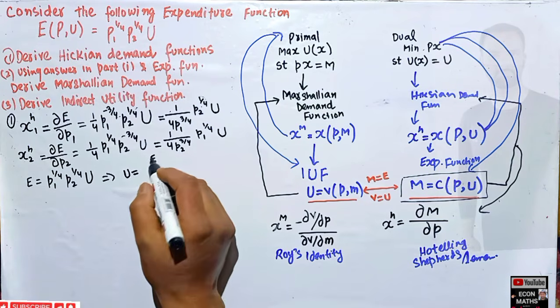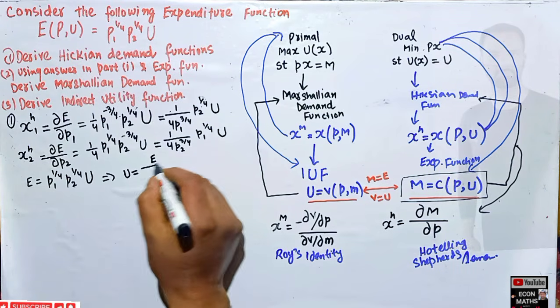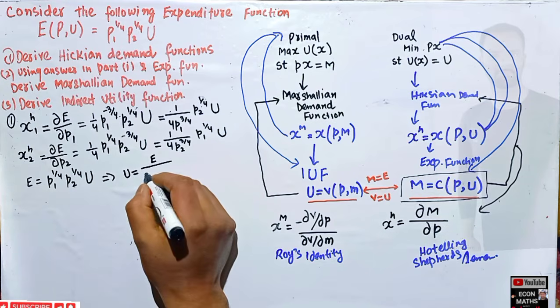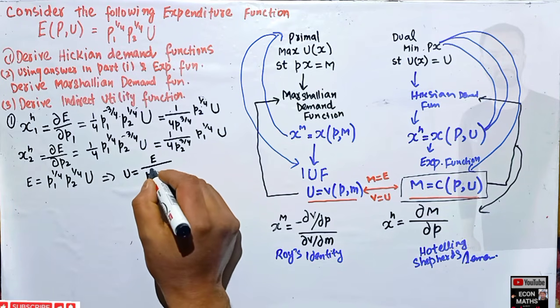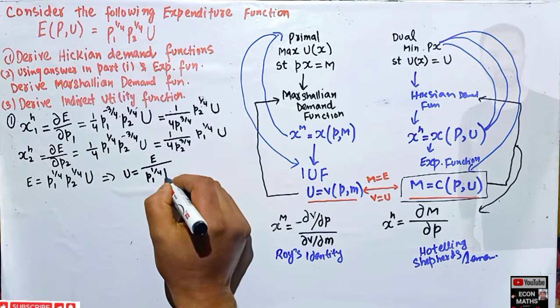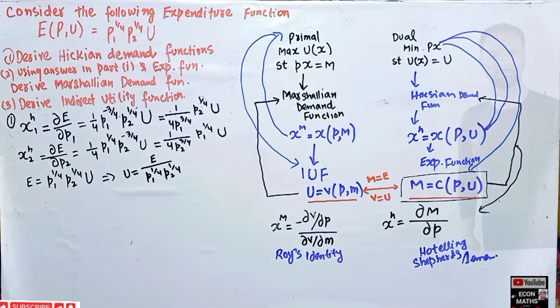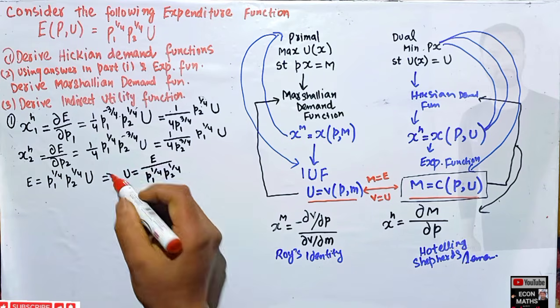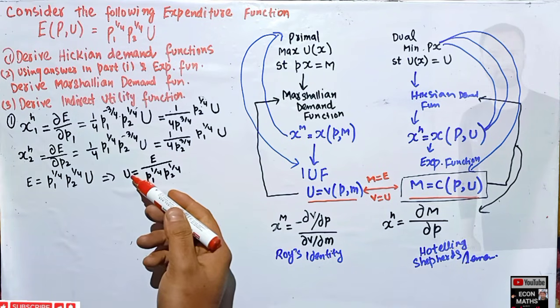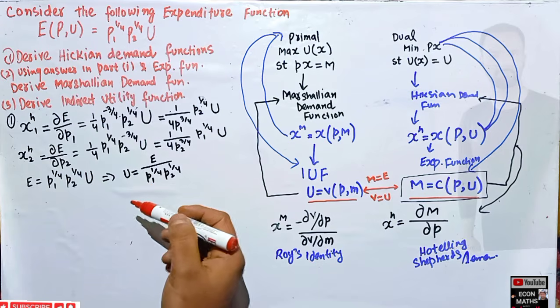Here e and m are the same, that means income or expenditure.